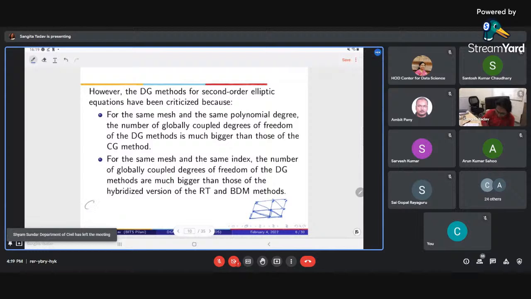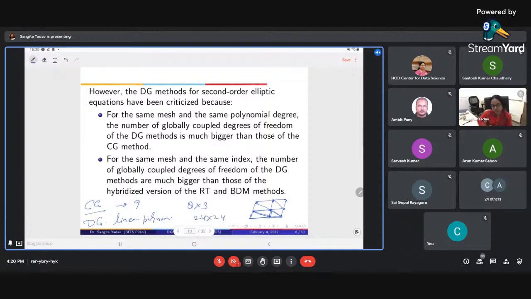When you have the continuous Galerkin method, in this case the degrees of freedom is going to be only 9. So you need to solve a system of size 9 by 9. But when you talk about the discontinuous Galerkin method, suppose you are using linear polynomials. In this case, you are supposed to solve 8 into 3, that is, 24 by 24. So the size of the linear system of equations is going to be 24 by 24.